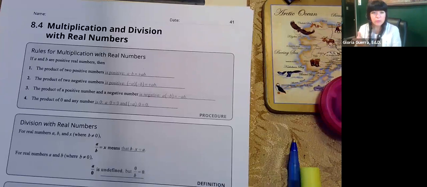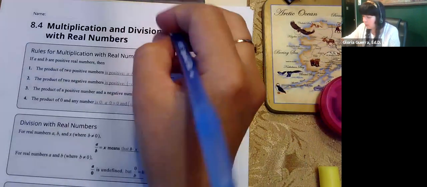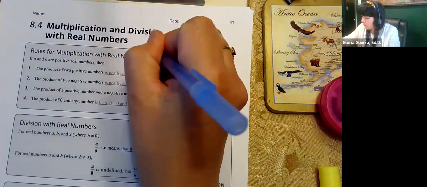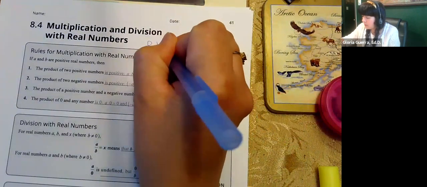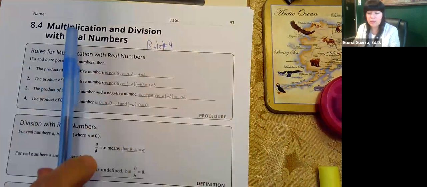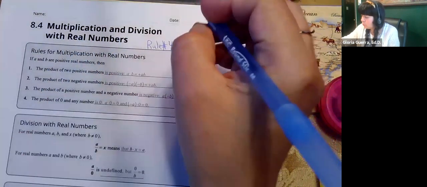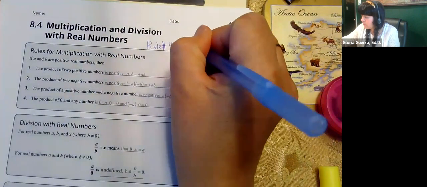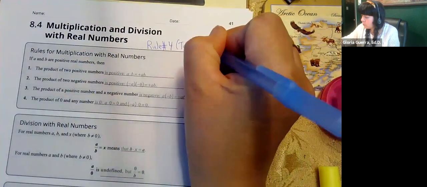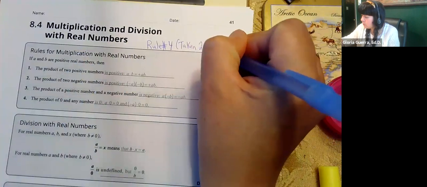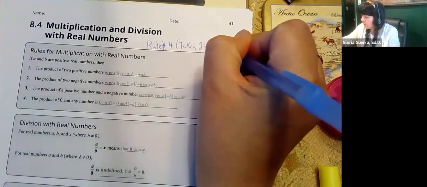We're going to start by going over some of the rules that we have here. I usually refer to these as rule number 4, this idea of multiplying and dividing with real numbers, and it's usually taken 2 numbers at a time.